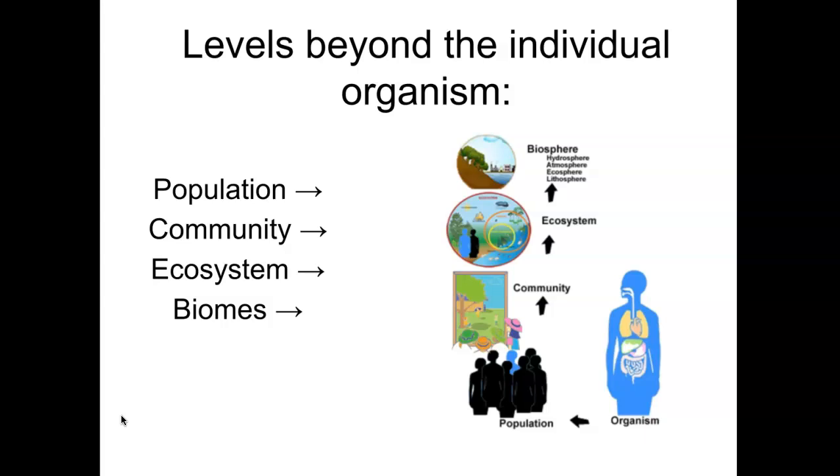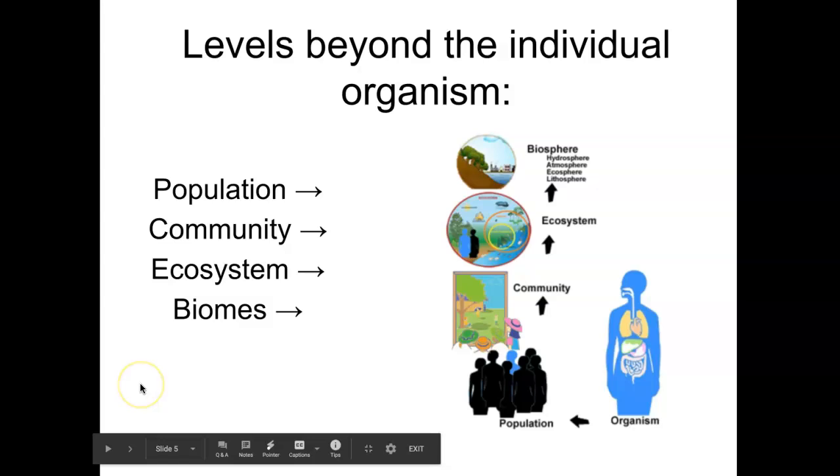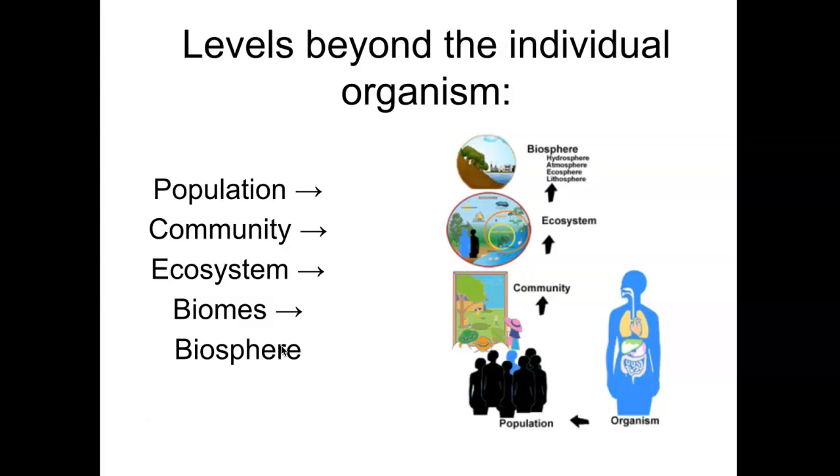So ecosystems that are collectively in the same area can be considered what we would call a biome. And then the next level is the biosphere. The biosphere includes the entire Earth, essentially, both above and below Earth's surface.